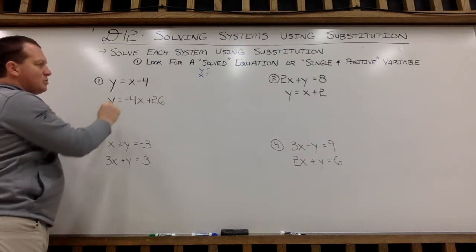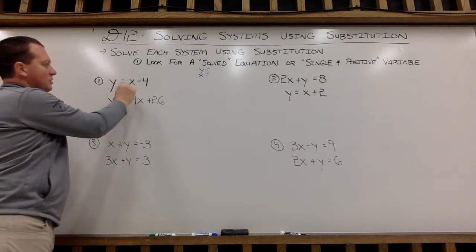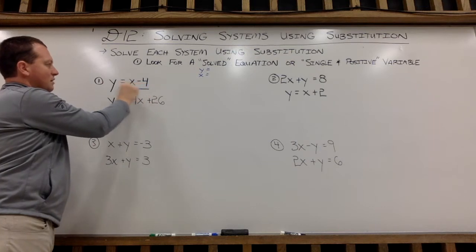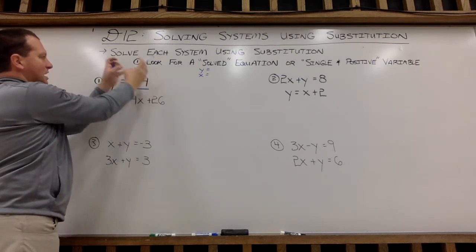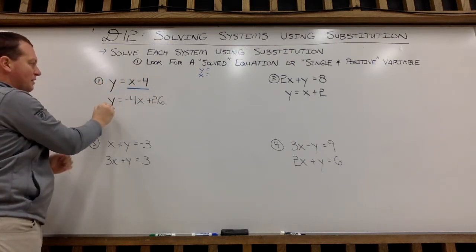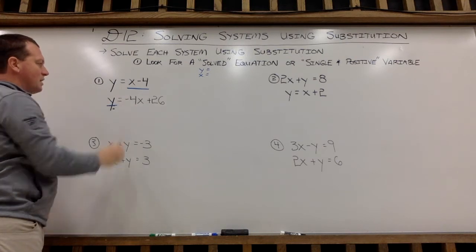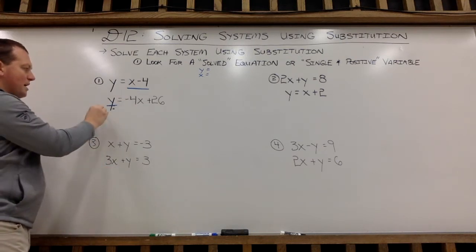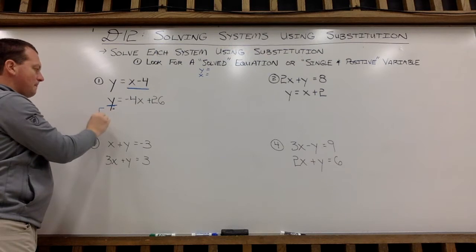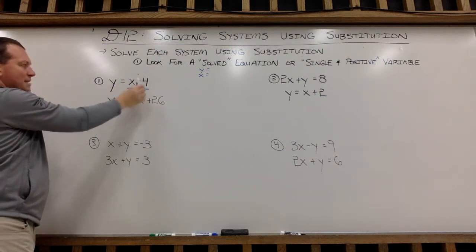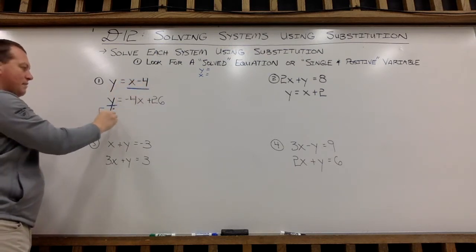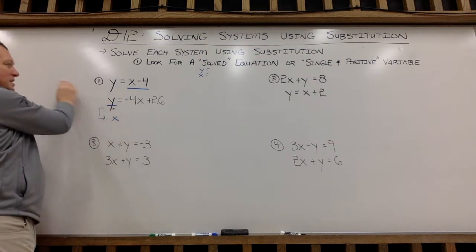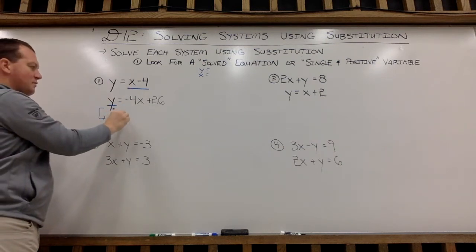So what I'm going to do is take what y is equal to, in this case x minus 4, pick it up, bring it down, and put it in the place of y in equation 2. So my new second equation is x minus 4 in place of y. So y is gone, x minus 4 comes in.